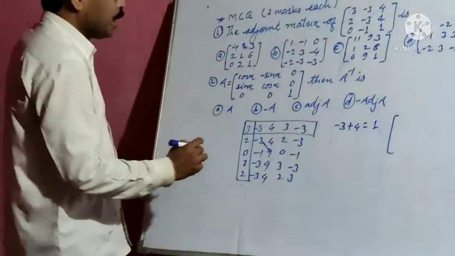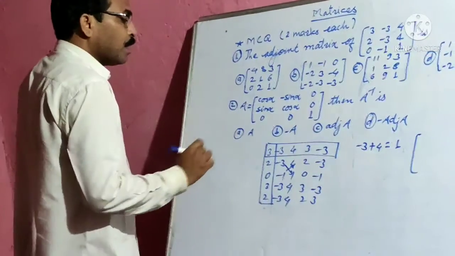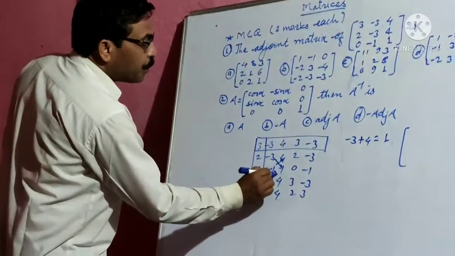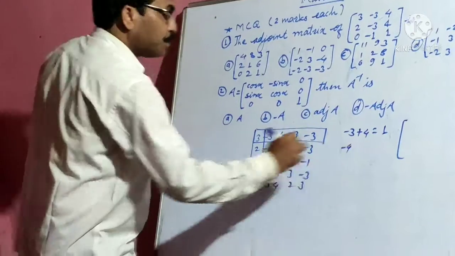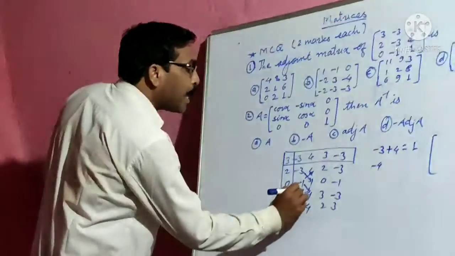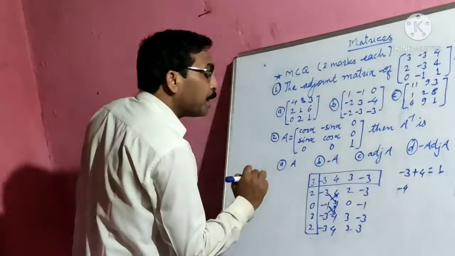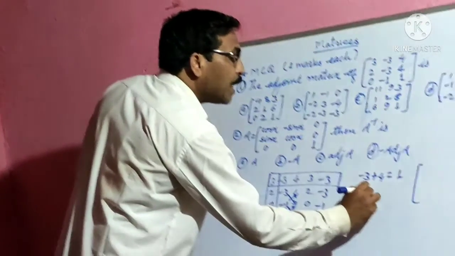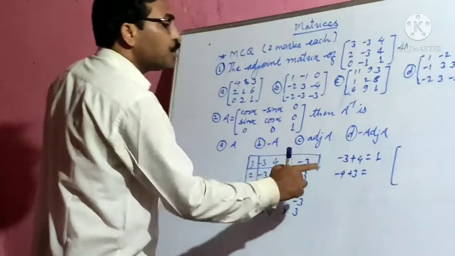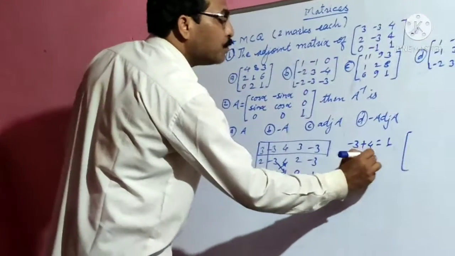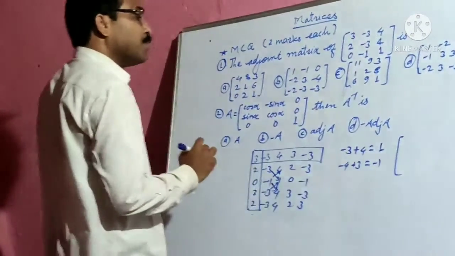After that, -1 into 4 is -4, -3 into 1 is -3, and -4 plus 3 is equal to -1.